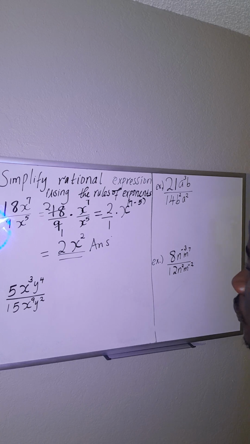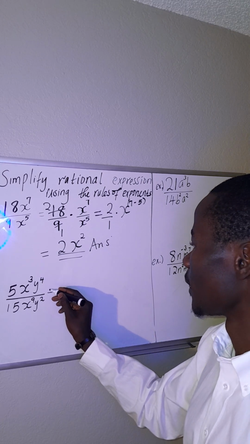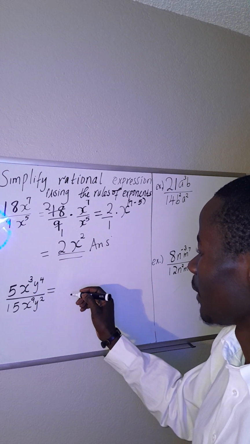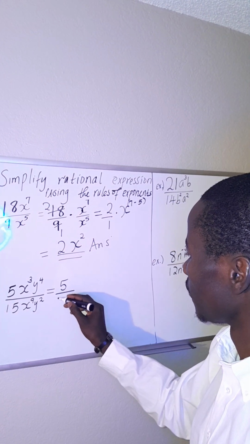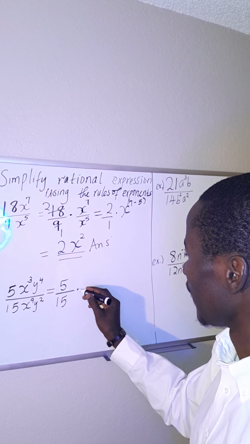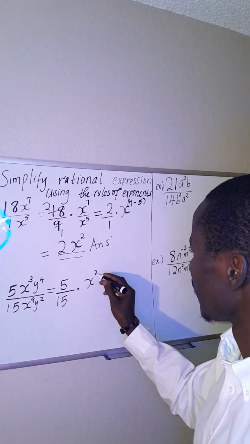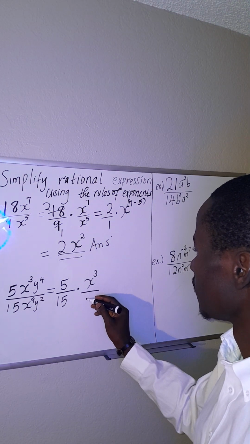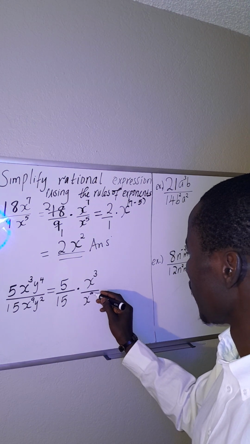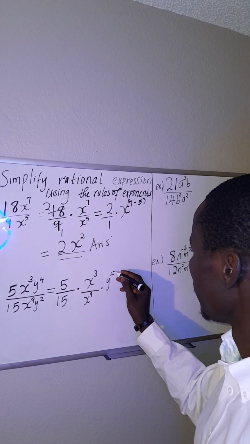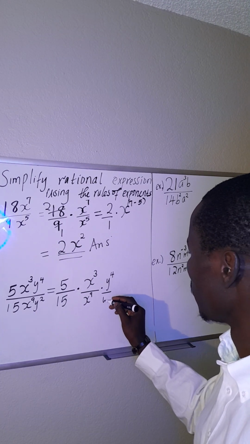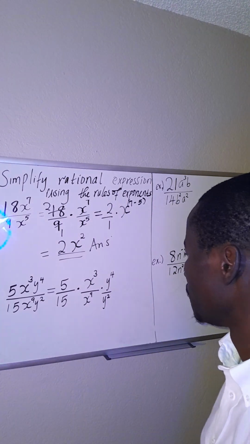Look at question 2. I will solve it using the same method. I will split these numbers and have 5 out of 15, multiplied by x raised to the power of 3 out of x raised to the power of 9, multiplied by y raised to the power of 4 out of y raised to the power of 2.